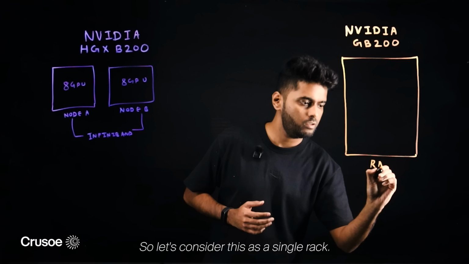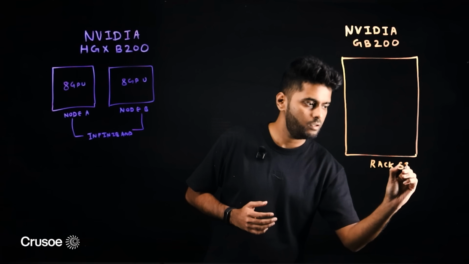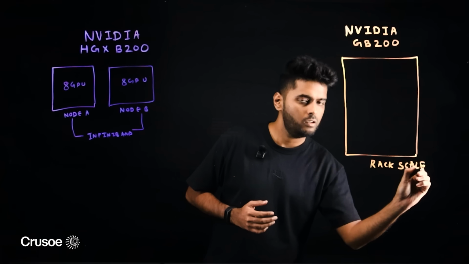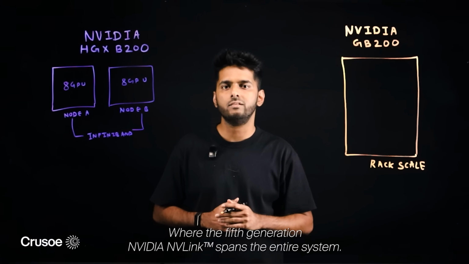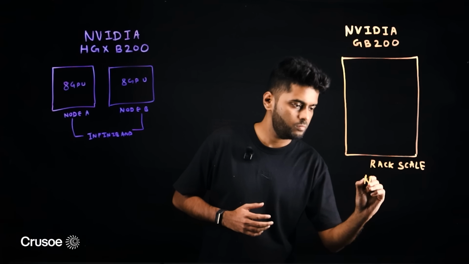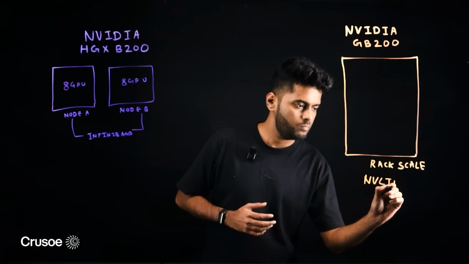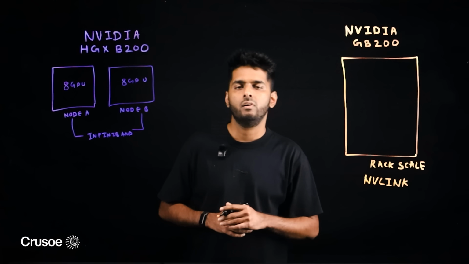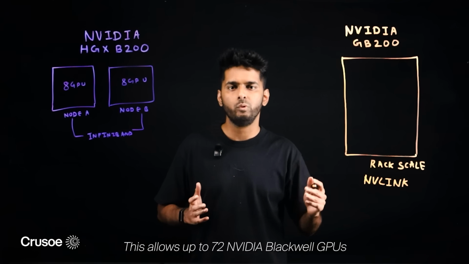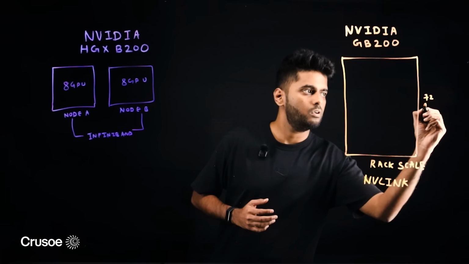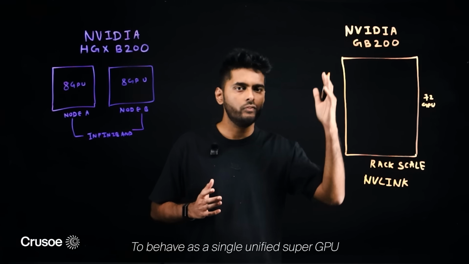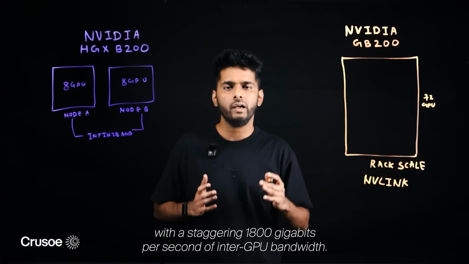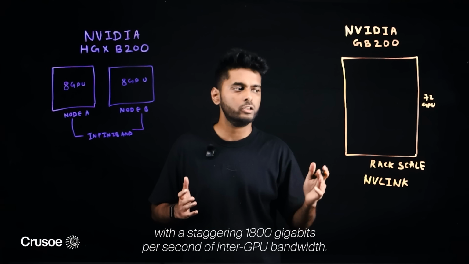So let's consider this as a single rack, where the 5th generation NVIDIA NVLink spans the entire system. This allows up to 72 Blackwell GPUs to behave as a single unified super GPU with a staggering 1800 gigabits per second of inter-GPU bandwidth.